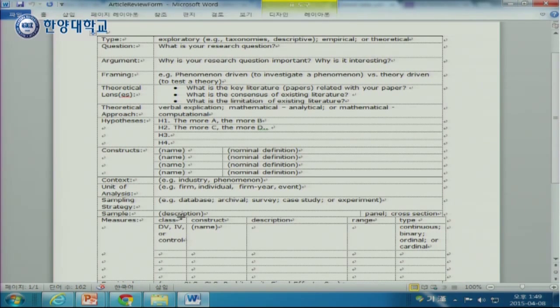In that case, you can write a hypothesis with that. When inflation rate goes up, credit market, the higher inflation rate, future bond price or whatever, something like that.